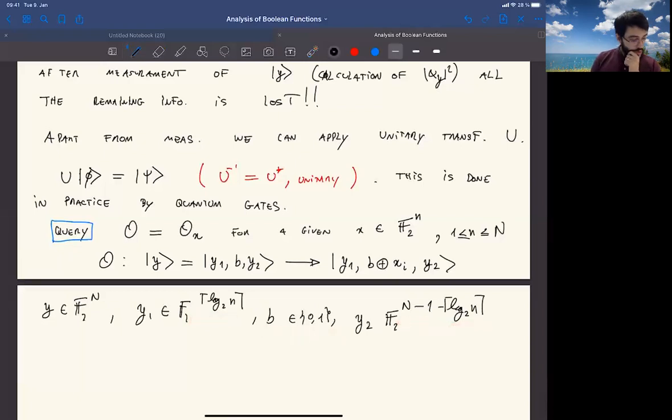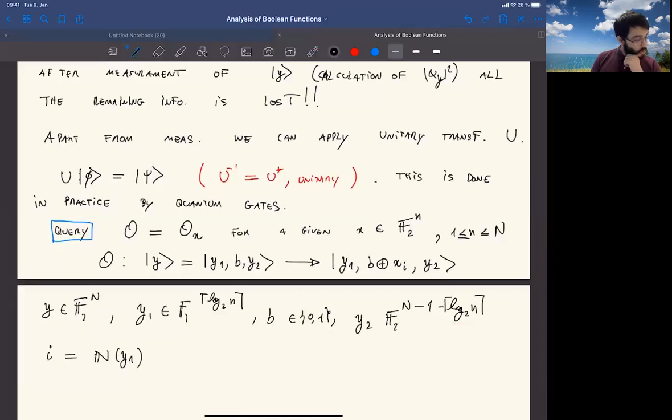And what you're going to do is the following. You're going to choose i to be what I called n of y1. And that means the number that y1 represents in base 2.